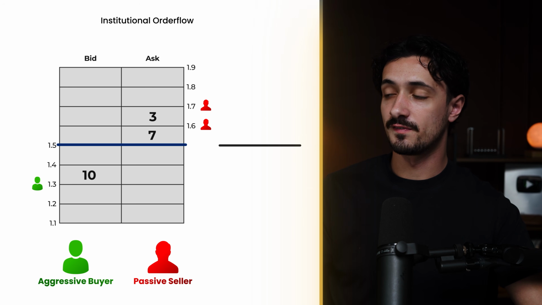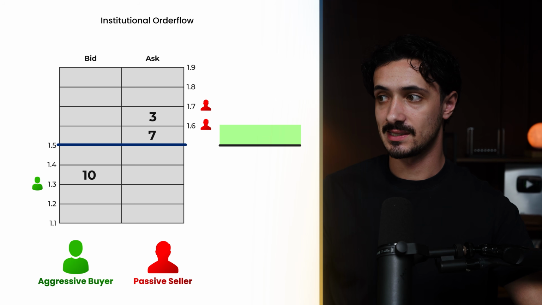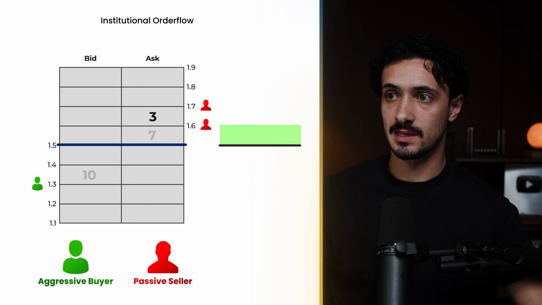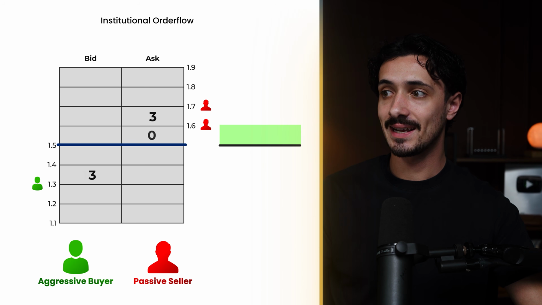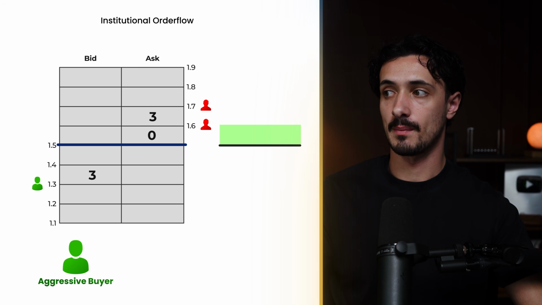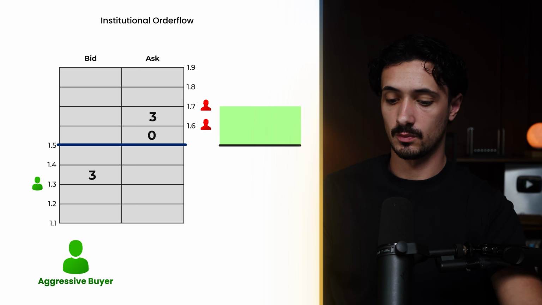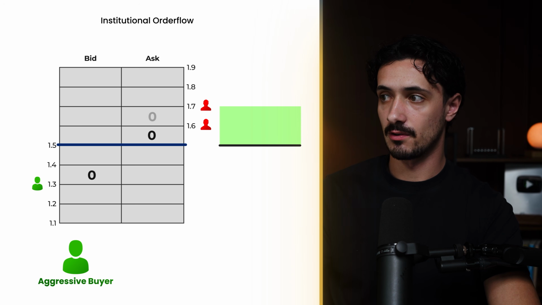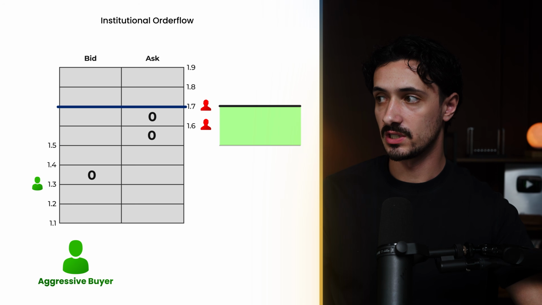You would get filled your first 7 lots at 1.6, right? And then these 7 lots in here become 0. Then your next lot of liquidity, which is the 3 lots that are remaining, would get triggered at 1.7, right? And then this would get cleared and this would be left at 0. And now the current price would be at 1.7, which is like this, right?